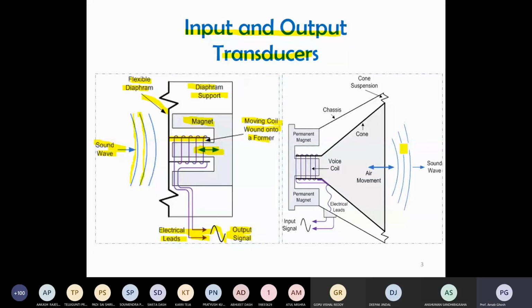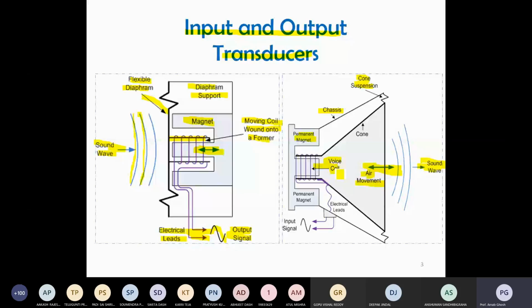Here you can see another figure. Permanent magnets are there, then the voice coil. The sound wave is coming from your side. There are cone-shaped suspensions, and the chassis means the outer frame. The sound wave causes horizontal movement of the air, and the voice coil moves, then the same process as the previous one.